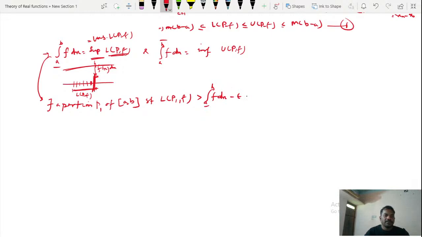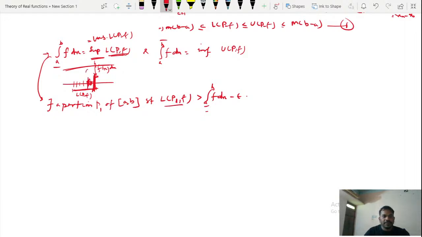Since this is the least upper bound, if you go anything less than that, it is not a least upper bound. So there exists a partition P1 for which the LPF lies in between them.